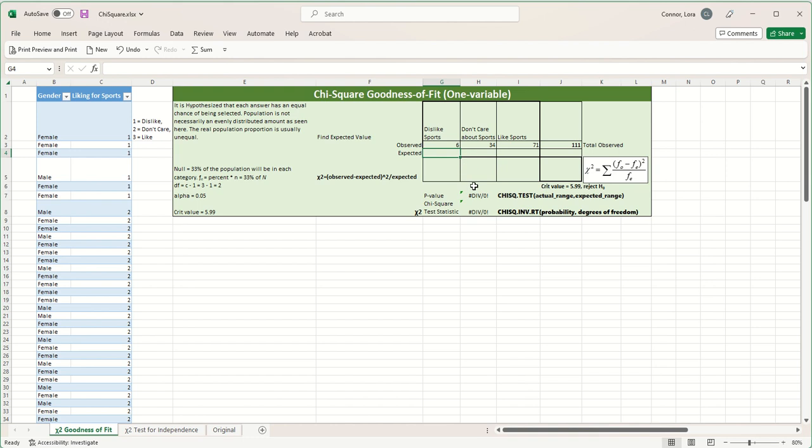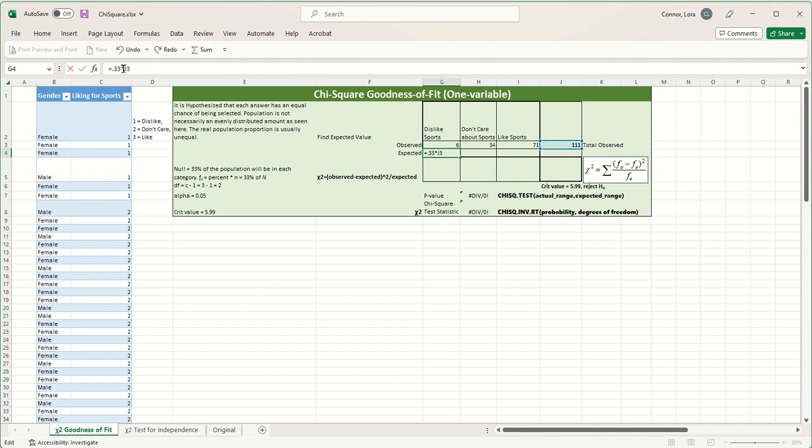So in order to give it its expected, hit an equal sign. Out of 100%, we want 33% in each category of the total, right? That would make them pretty equal. So let's say equals 0.33 times the total. I want to freeze that so I can just drag and drop.